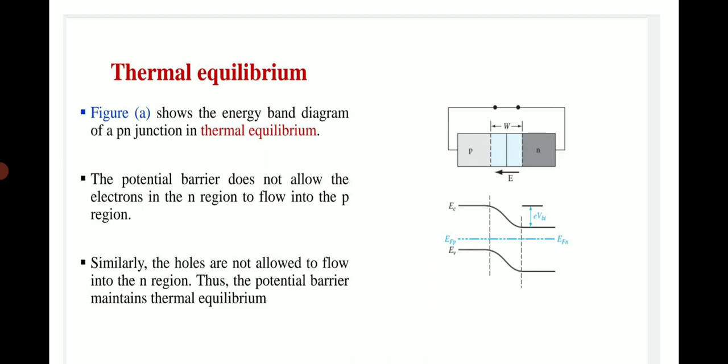In thermal equilibrium, the potential barrier does not allow the electrons in the N region to flow into the P region. Similarly, the holes are not allowed to flow into the N region. Thus the potential barrier maintains thermal equilibrium.